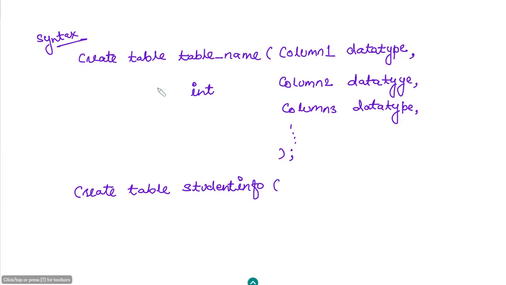So now give the column names inside parenthesis. First column name is SID, student ID. Give int as the data type with its column name, right? That means I will insert only the integer value in this column.